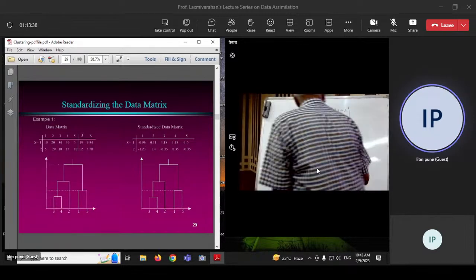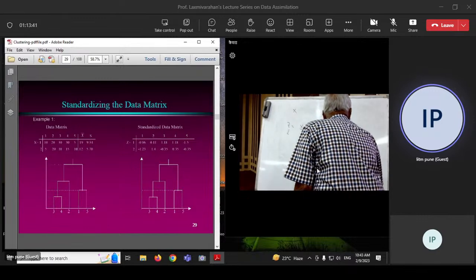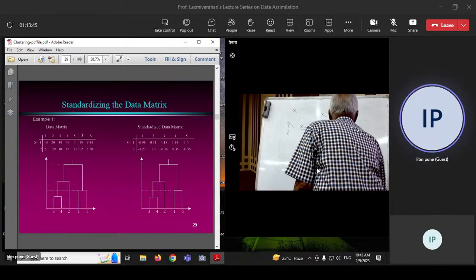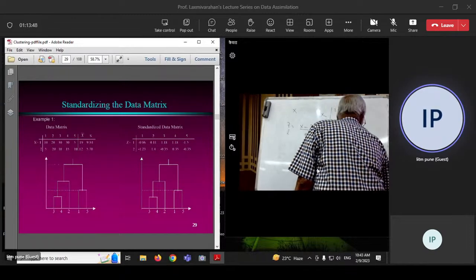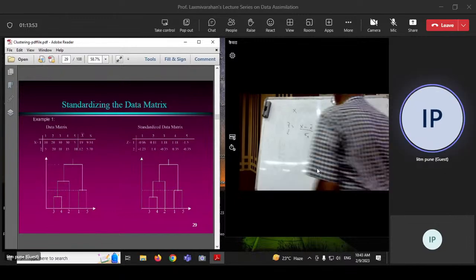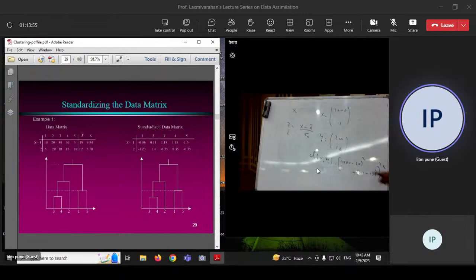This distance is the summation of (1000 minus 20) squared plus (0.1 minus 10) squared. This term is much bigger than this, hands down. So it's going to dominate. Everybody plays scales. I'm sure you all know that. That's the reason. So there are two kinds of scaling. One is non-dimensionalization. Another is scaling itself.